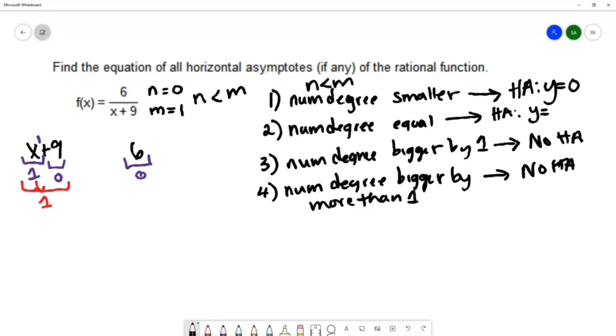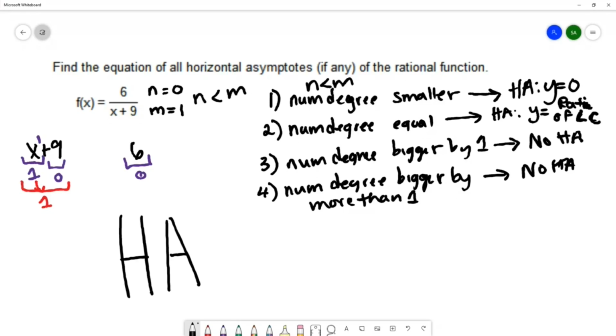It's going to be y equals the ratio of the leading coefficients. That's LC, leading coefficients. So to put a final point here, for this particular example, because the degree of the numerator is smaller than the degree of the denominator, this particular rational function has a horizontal asymptote at y equals 0.